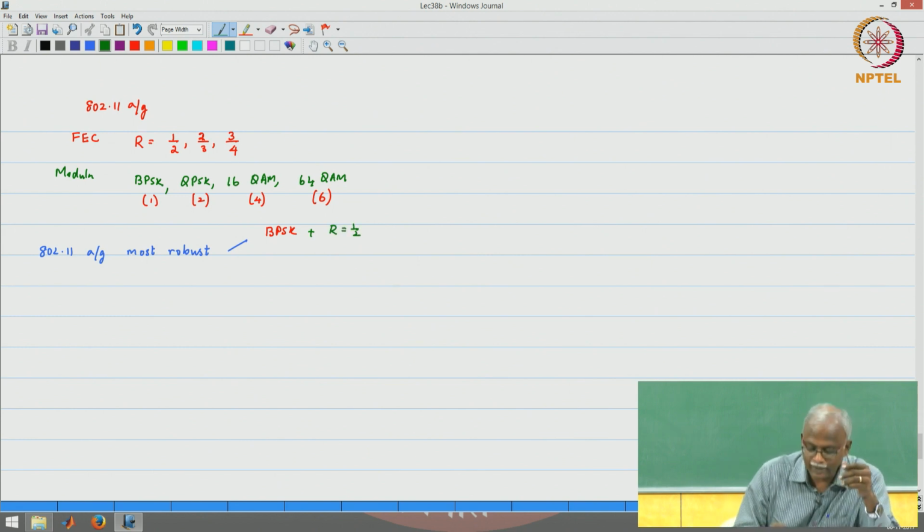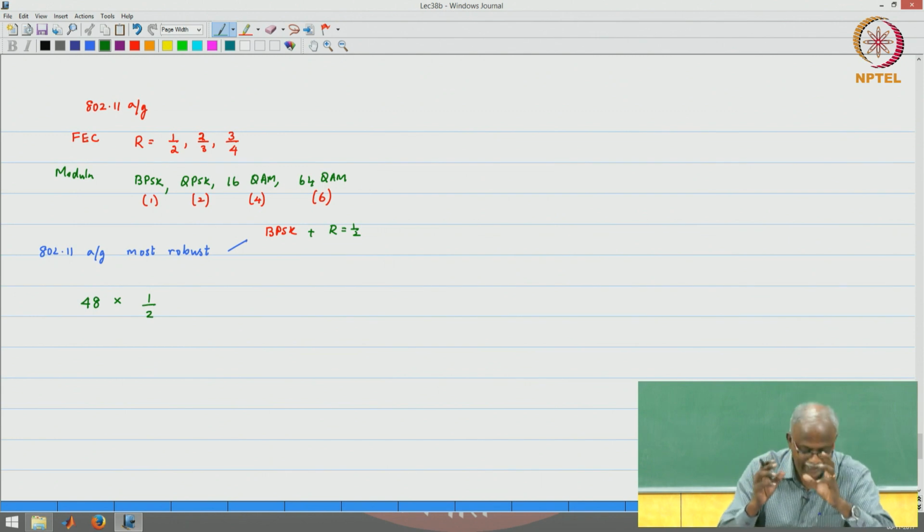So here is the calculation for the minimum rate. I have 48 data carriers, and each time I transmit one symbol on the channel, because it is a rate 1/2 code, I have to reduce it by that factor, only half of it is information.